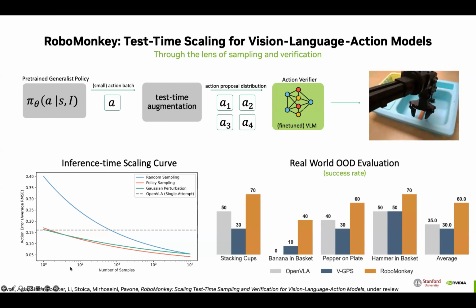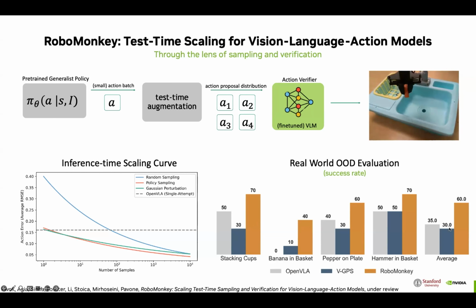So by generating more action samples at test time, basically by increasing the test time compute, we can improve performance, reducing the error with respect to an oracle. And we show that when applying these methodologies on top of widely used policies such as pi-0 or OpenVLA, we can achieve better performance in a number of domains.